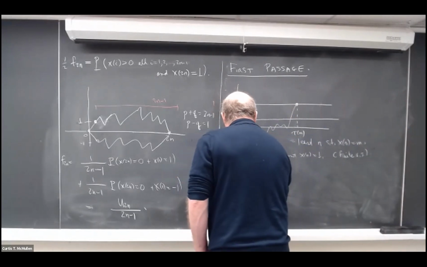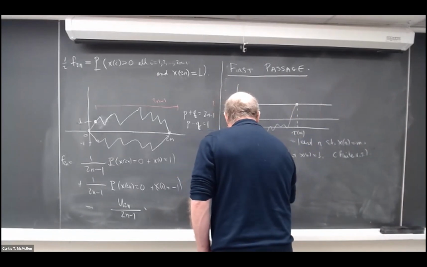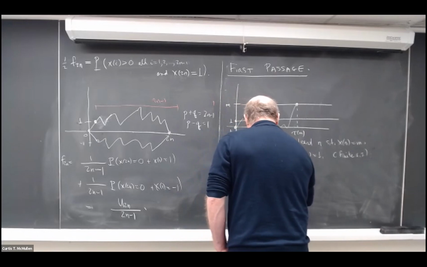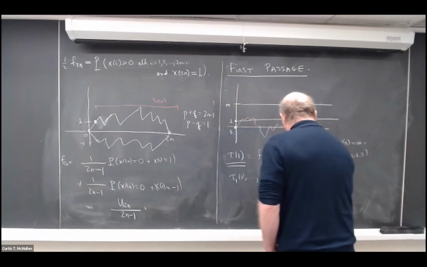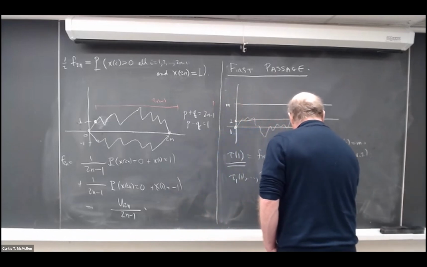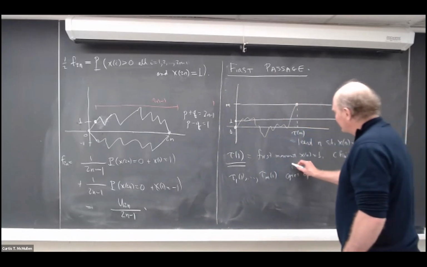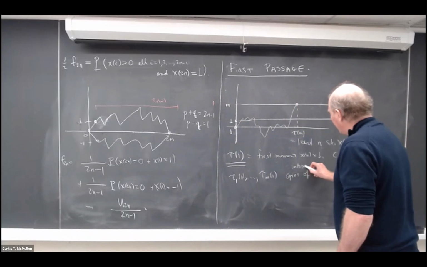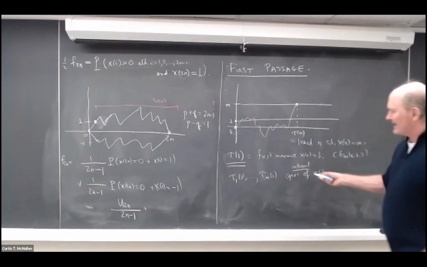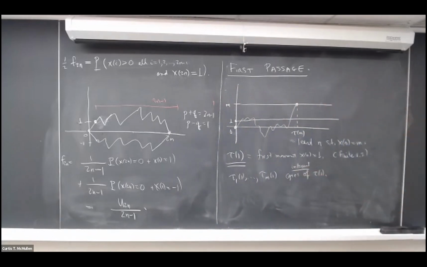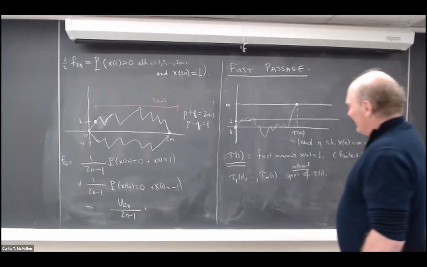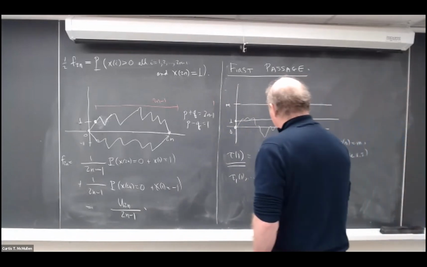Okay, now here's a beautiful fact. Suppose we take some copies of this random variable. I take m copies of tau 1. And what I mean is I take some independent random variables that have exactly the same distribution as tau 1. And then I want to know what is tau m's distribution.